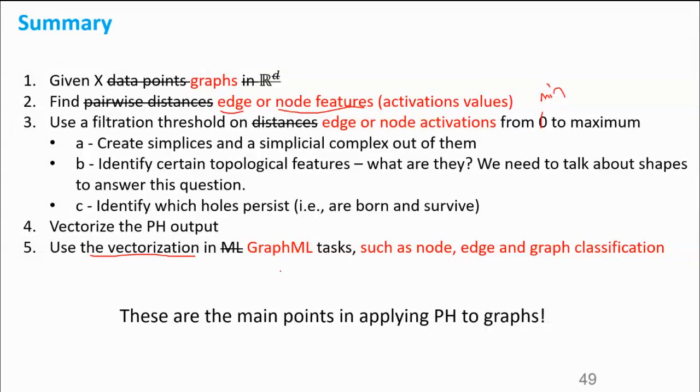A 4th task is actually subgraph classification, which is a part of graph classification. We don't cover it explicitly, but subgraph classification can be thought of as the 4th type of classification task. So these are the main points in applying persistent homology to graphs.